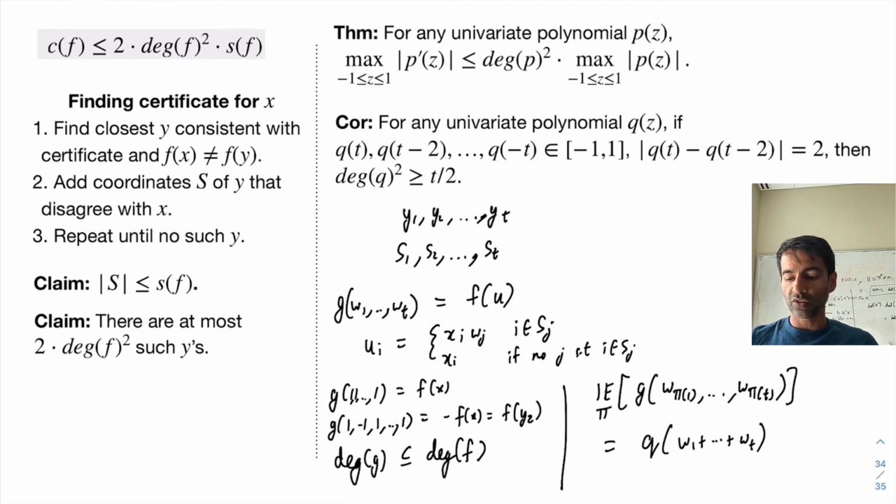You see, when you plug in the all ones vector for w1 through wt here, you get g of the all ones vector, which is f of x, no matter what the permutation. When any of the inputs wi are changed from 1 to -1, you get minus f of x.